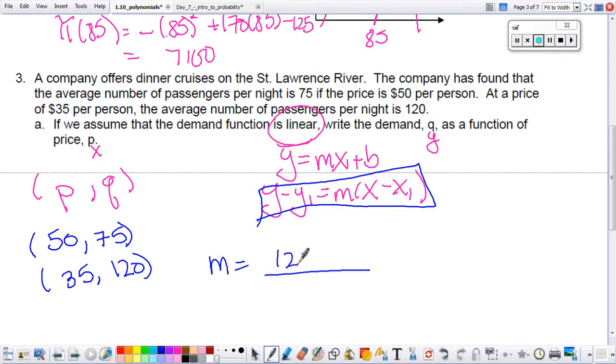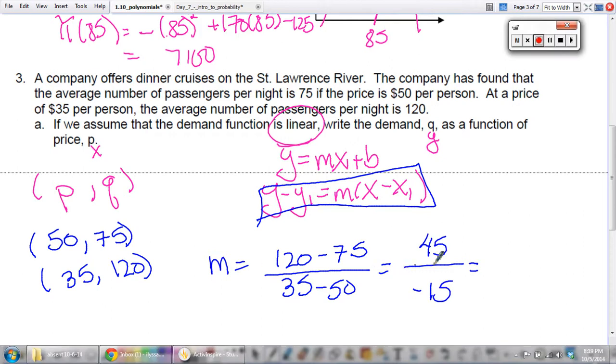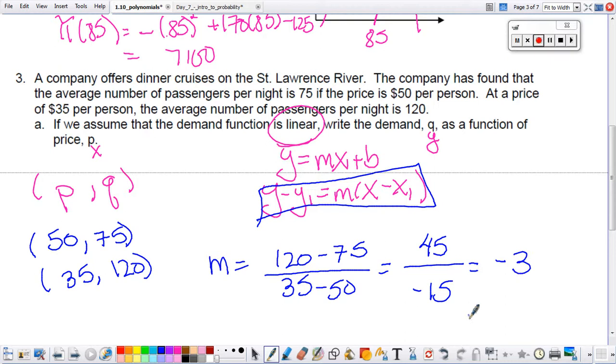So the slope is 120 minus 75 over 35 minus 50. And so when we calculate slope, we get 45 over negative 15, which equals negative 3. Now you can pick either the first point or the second point.